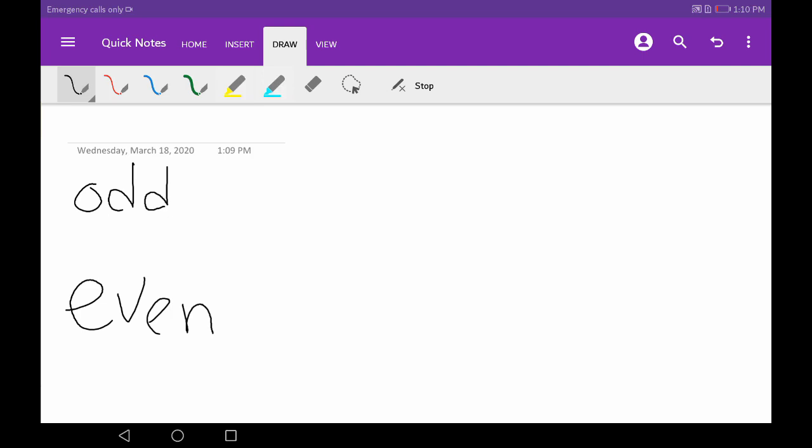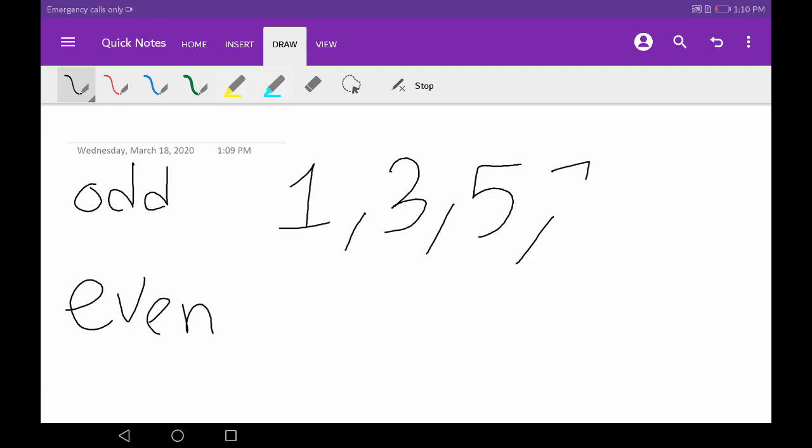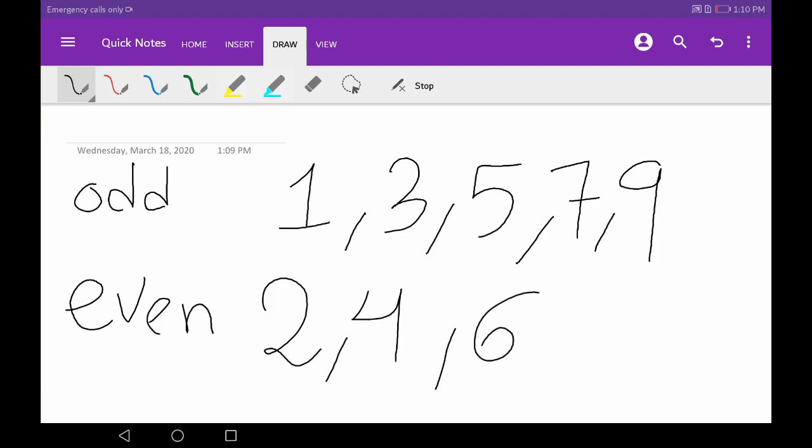Odd numbers are 1, 3, 5, 7, and 9. Even numbers are 2, 4, 6, 8, and 10.